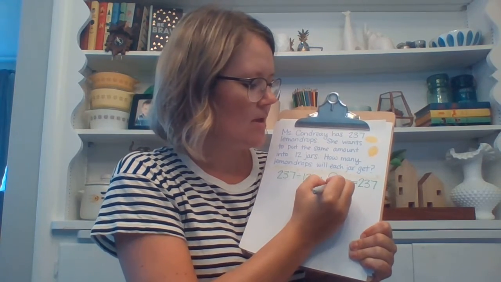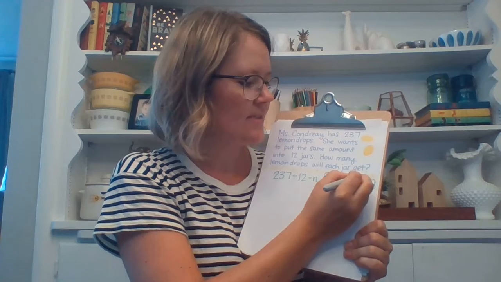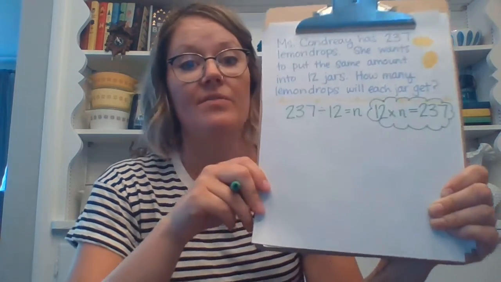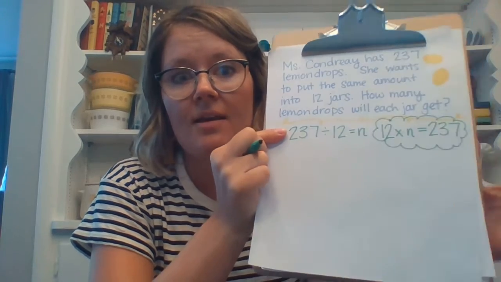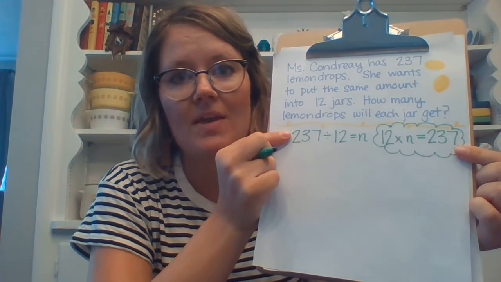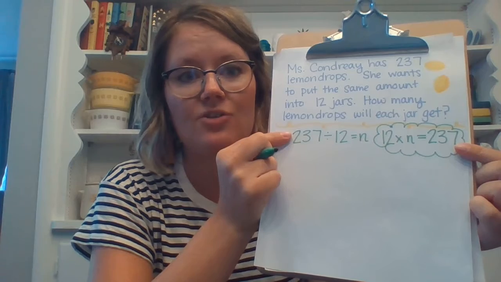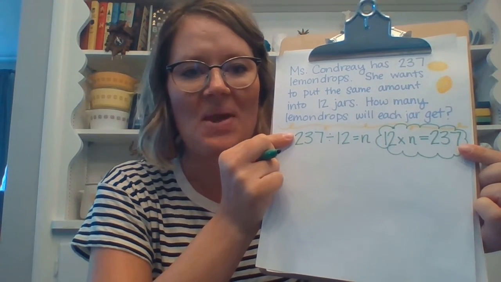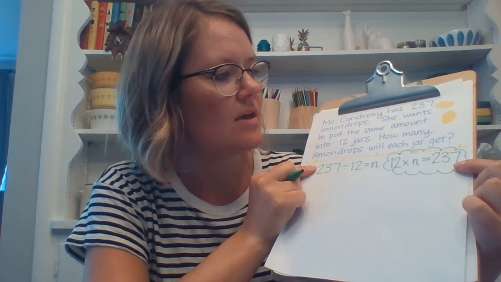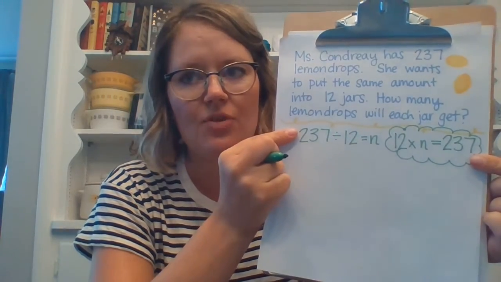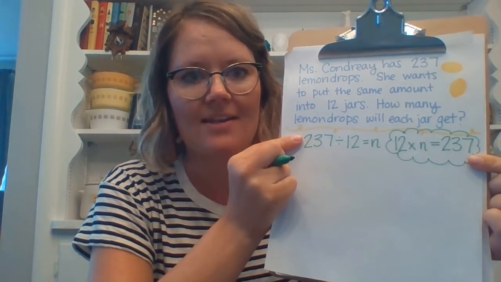I'm going to put a circle around this because this is the equation I'm going to use to solve it. This equation represents the story problem. It is division, but this is the way I want to solve it because I know that division and multiplication are related. Now I get to start thinking about how many lemon drops I can put in each jar at a time.